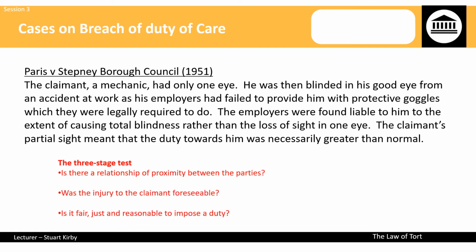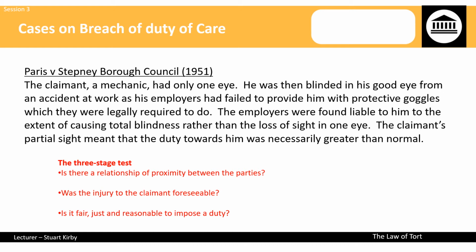So looking at the three-stage test, of course, there's a relationship, employee versus employer, so the proximity is clearly there. Was the injury to the claimant foreseeable? Well, yes, of course. Without wearing protective goggles in a job as a mechanic, it's quite foreseeable that injury can take place.